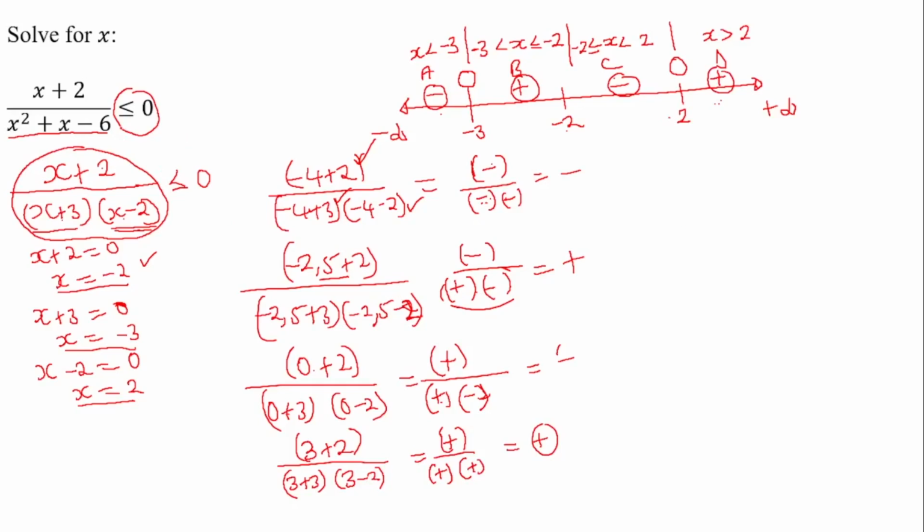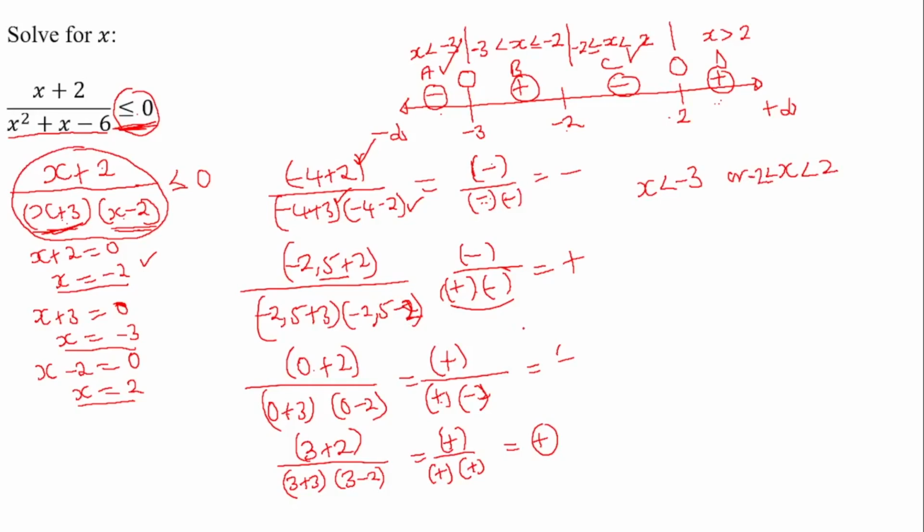We want a solution where this expression is less than or equal to 0. So we have this, we have this. So our answer is x less than negative 3, negative 3 not included, because if x is negative 3, the expression becomes undefined. Or x is between negative 2 and 2, negative 2 included.